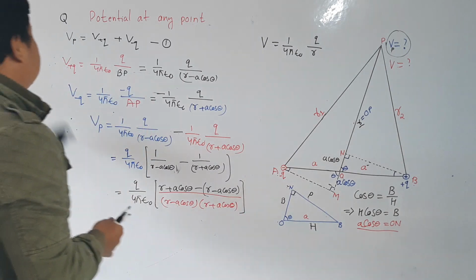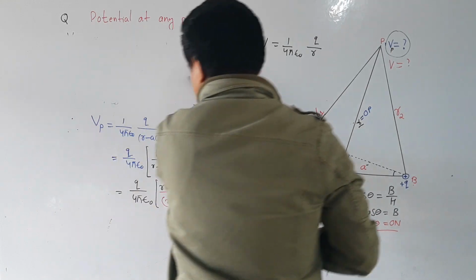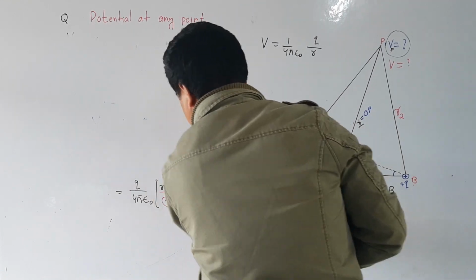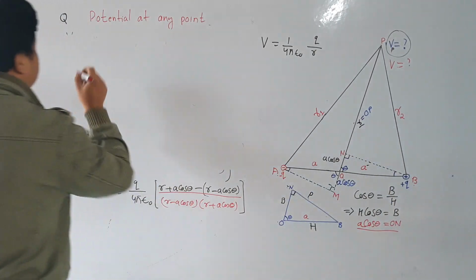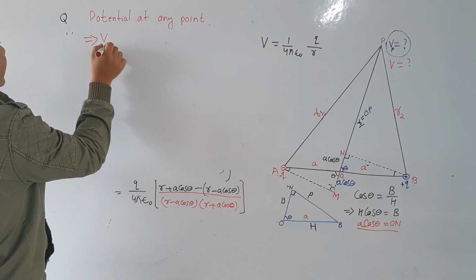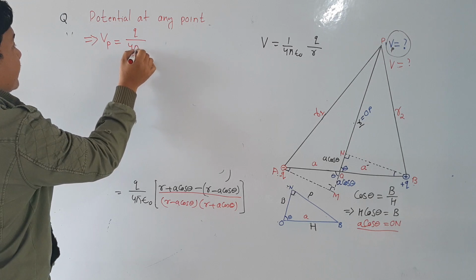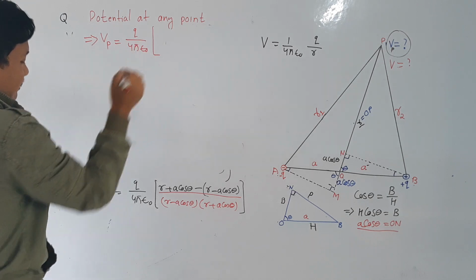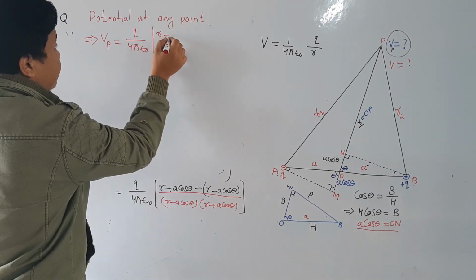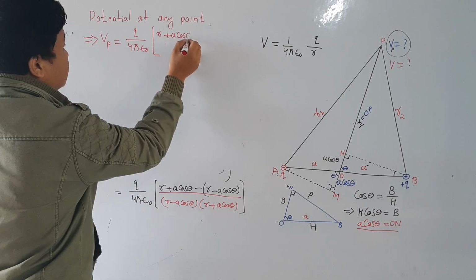Okay, now what to do? It is very simple. It has become very simple. So this implies V at P is equal to q by 4 pi epsilon naught, big bracket. This will become r plus a cos theta.